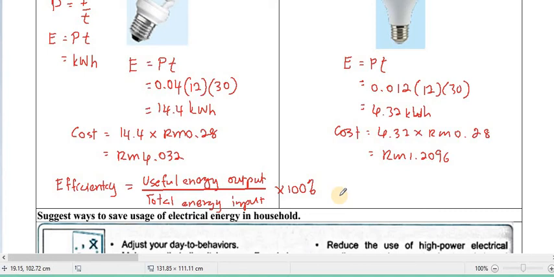What they will ask you is, they give you the efficiency, ask you to calculate the energy, and then maybe after that ask you to use that energy to calculate the power of the bulb, or the voltage of the bulb, or the current of the bulb, and then the resistance of the bulb. This kind of question. So they give you the information in the form of efficiency. Understand? So you need to be able to understand what is efficiency, lah.